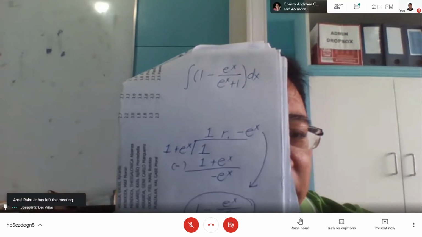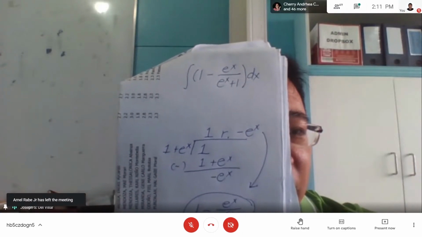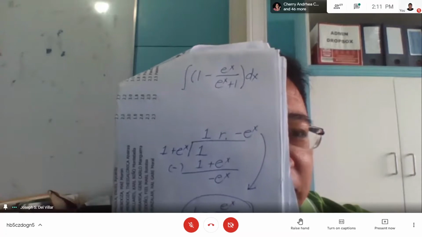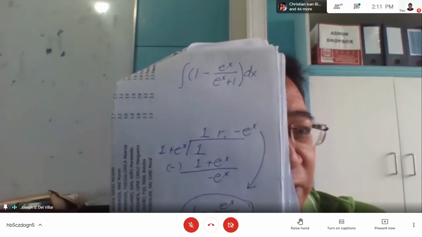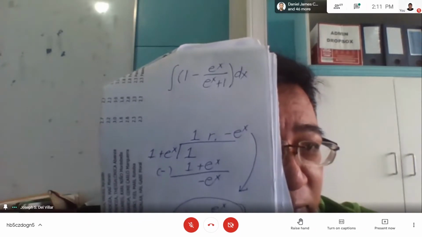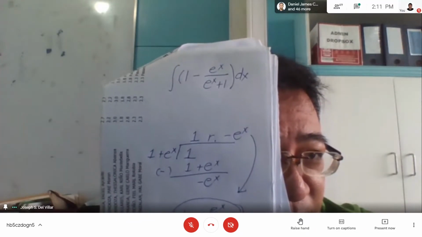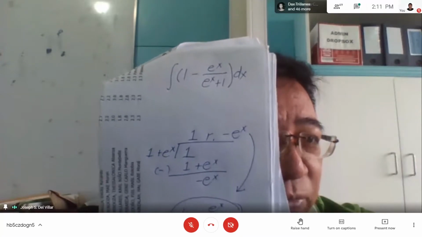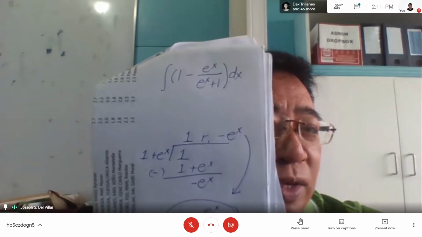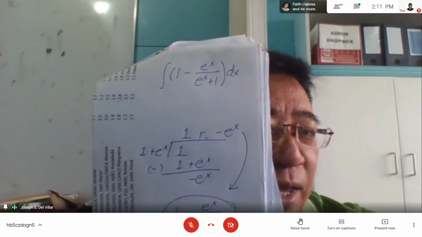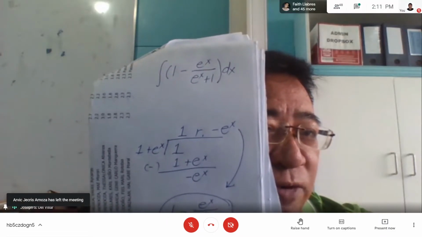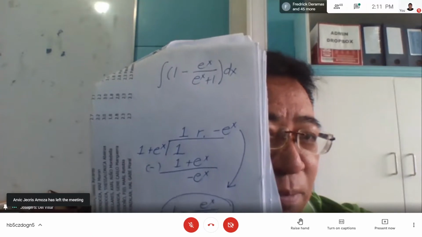So we can now integrate individually. So the integral of dx is x. Correct? Now, we are going to integrate the minus e to the x dx all over 1 plus e to the x.